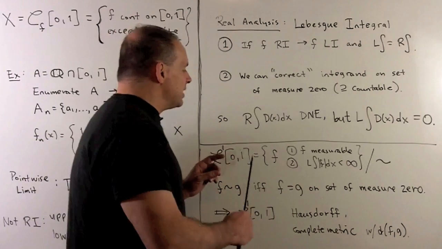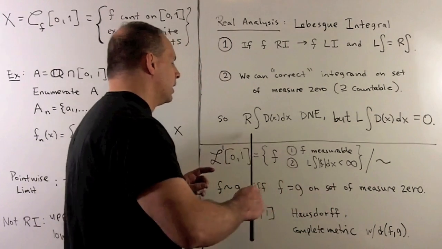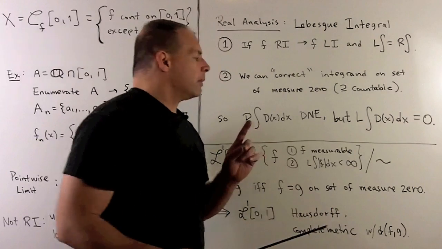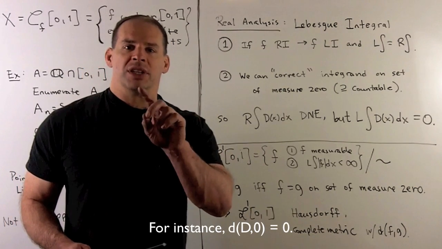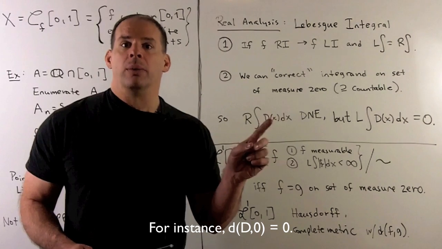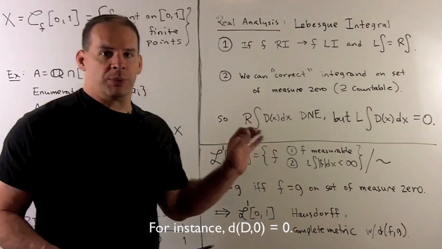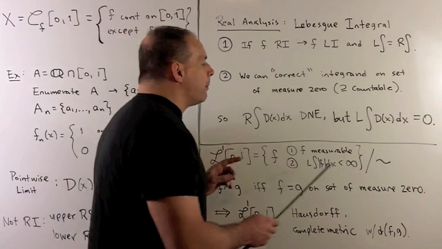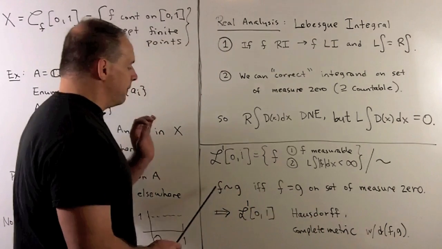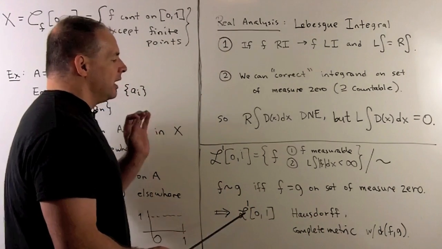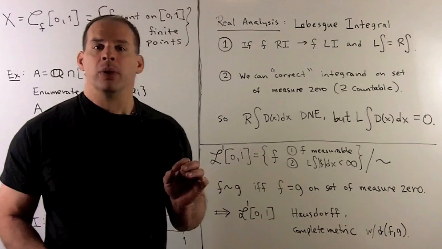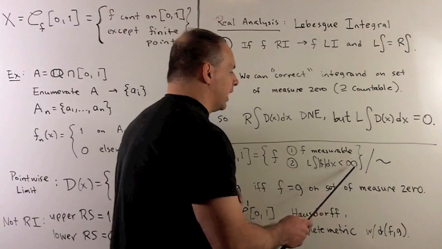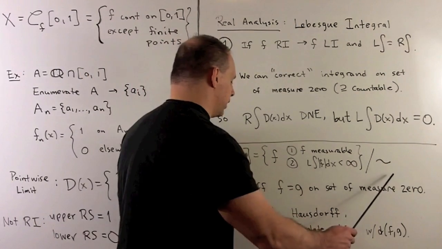Now, this space is not going to be good enough, because we'll have a lot of functions that have distance from 0 equal to 0. So we're going to form a quotient space here. We're going to mod out by the relation f is equivalent to g if and only if f and g are equal on a set of measure 0. Once we mod out by this relation, that fixes everything.